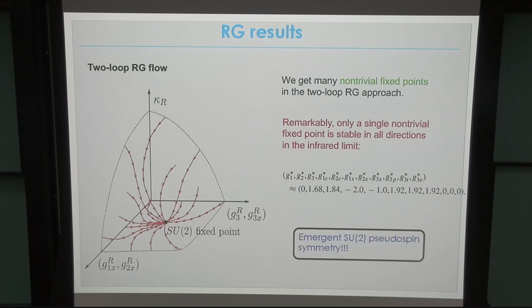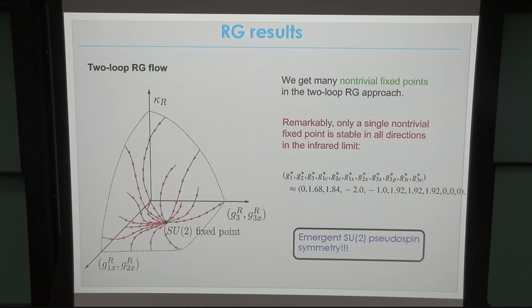But remarkably, all but one non-trivial fixed points are unstable. So only one is stable in all directions. So this is this fixed point here, which is very surprising. And this fixed point has an emergent SU(2) symmetry.